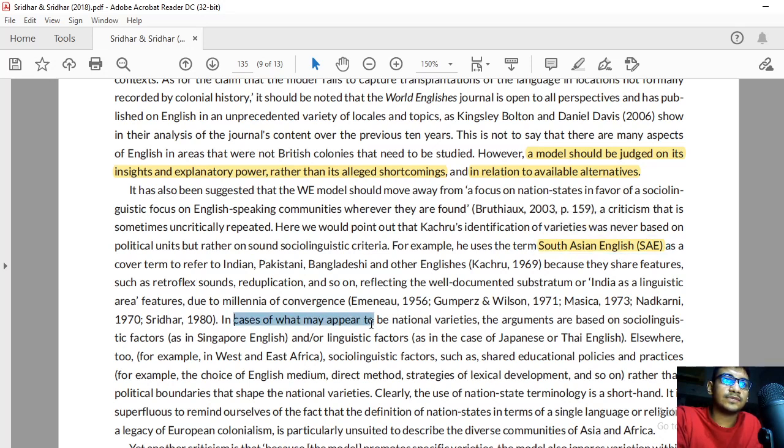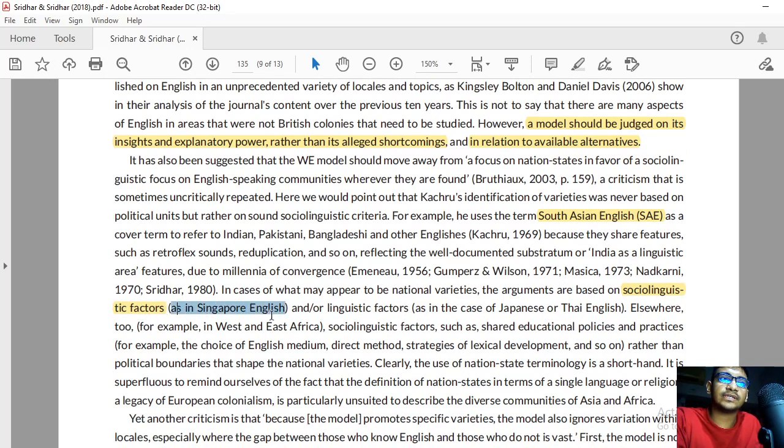In cases of what may appear to be national varieties, the arguments are based on sociolinguistic factors. So these are the most important factors, sociolinguistic factors. Right, Kachru did focus on this, as in Singaporean English, and/or linguistic factors, as in the case of Japanese or Thai English. So both sociolinguistic and linguistic factors matter.